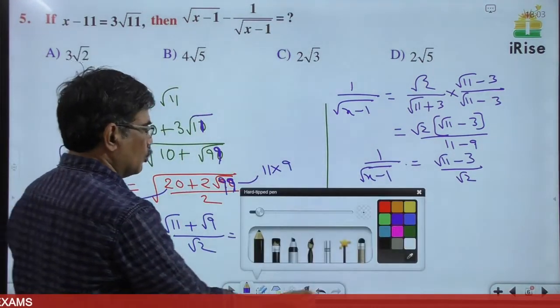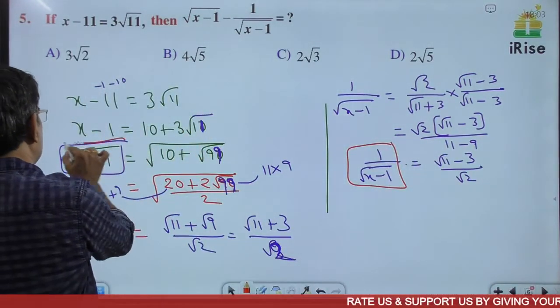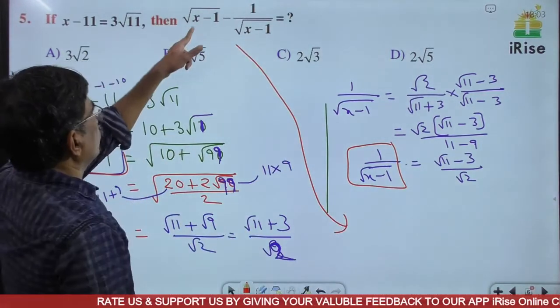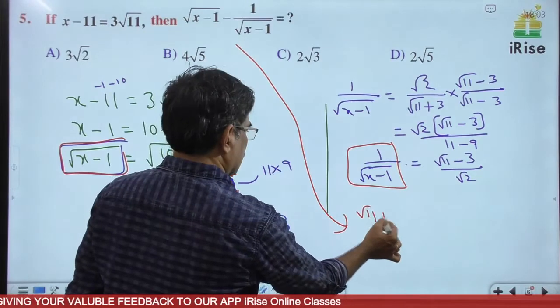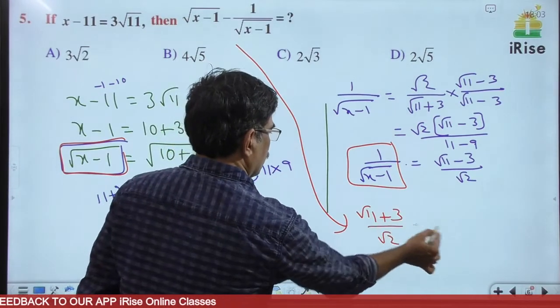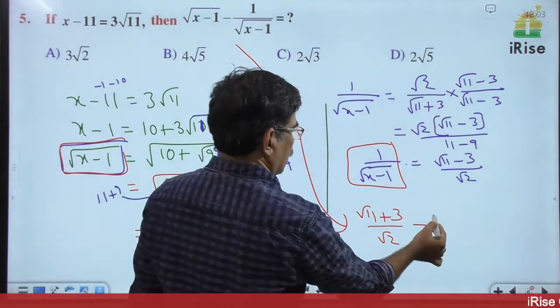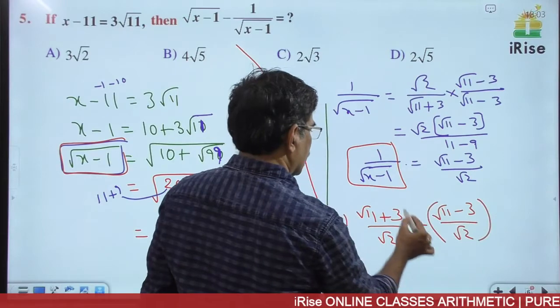So I know both the values, root of x minus 1 and 1 by root of x minus 1. So what is the question? See the question here. Root of x minus 1 is nothing but root 11 plus 3 by root 2, minus the second part, 1 by root of x minus 1, root 11 minus 3 by root 2.